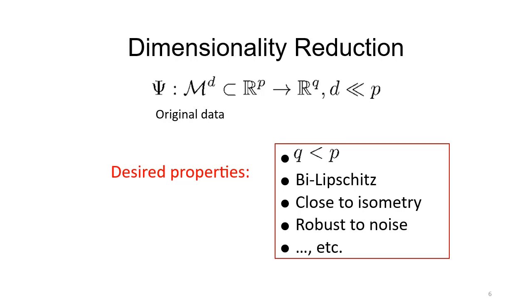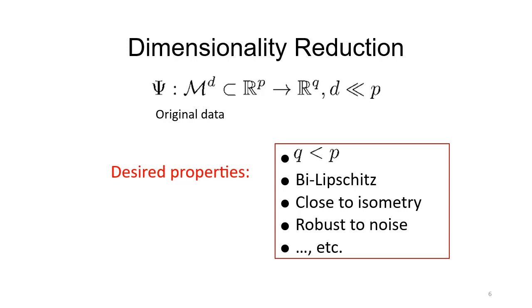For example, I want the dimension Q to be less than P, so that this is dimensionality reduction. I'm not mapping my high dimensional data into an even higher dimensional space. Second, I would like this map to be bi-Lipschitz, meaning the distances between points are not being distorted too much.